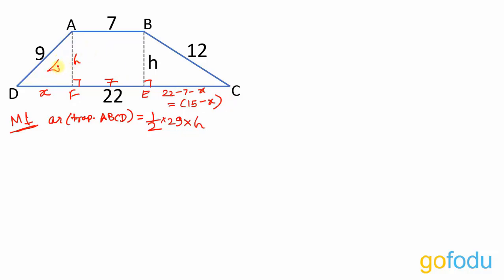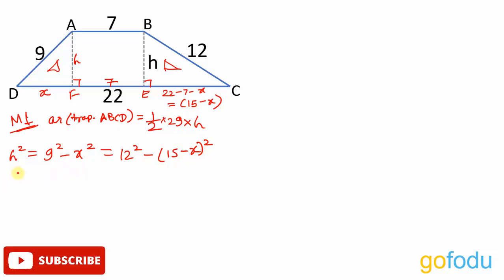Next we have two right triangles in which we can apply Pythagoras theorem. I can write height square as 9 square minus x square, and this h square will be the same as h square that I get from this triangle, that will be 12 square minus (15 minus x) whole square.